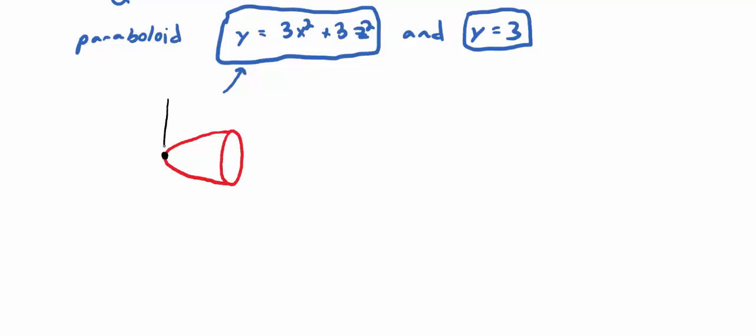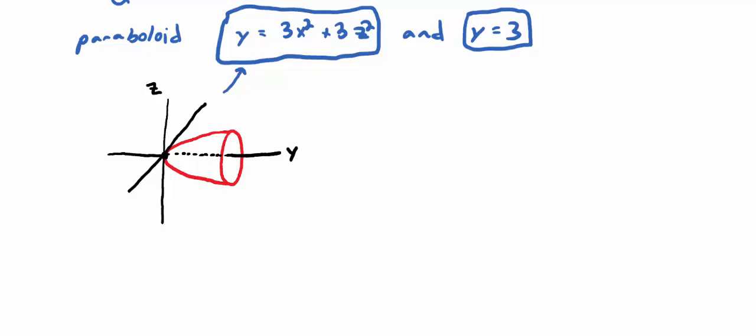And z goes like this. And the way I've drawn it, y goes down the middle of the paraboloid. And then, of course, x is over here like this.